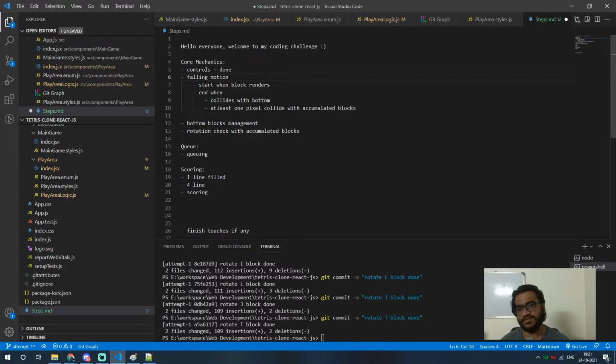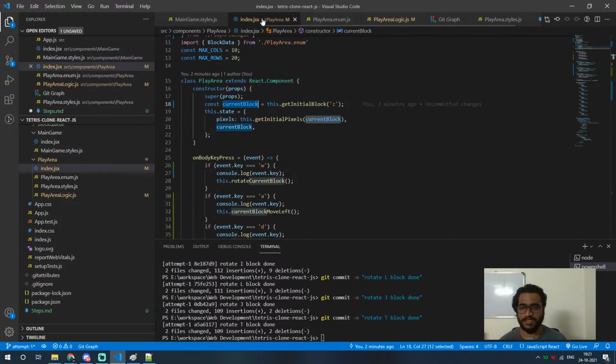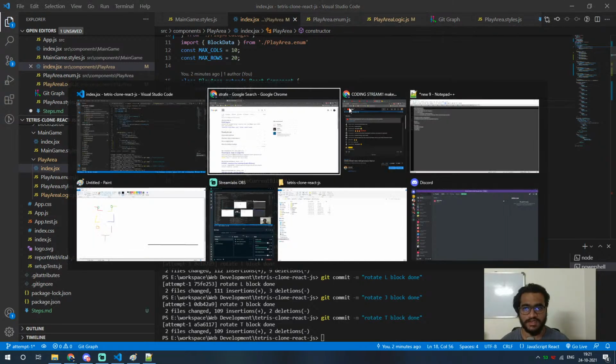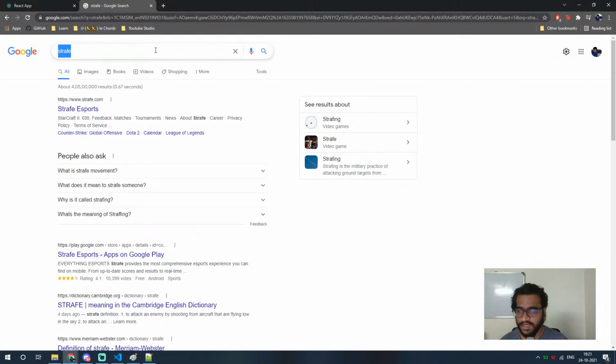Okay, now let's work on falling, that those blocks will be falling automatically with an interval, and we just have to figure out how that mechanic is going to be coded, because it's not that difficult, but if we figure it out beforehand, then it would be easy for us when we come across a bug, and I really want that we don't come across any bugs.